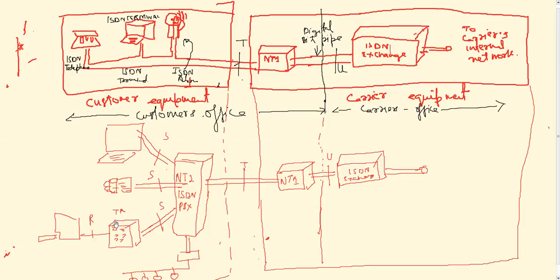So the TA is basically an intermediate device for non-ISDN interface devices. Therefore the terminal adapter connects all these analog non-ISDN devices with the NT2 or private branch exchange.